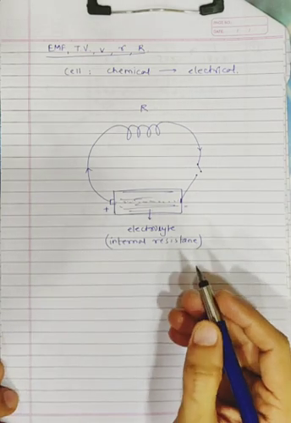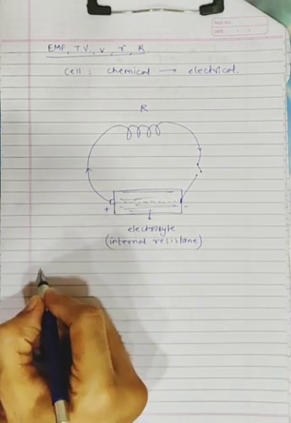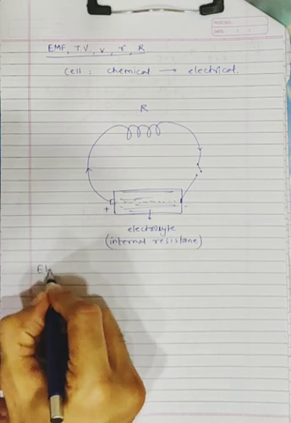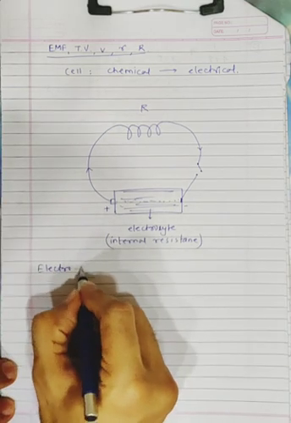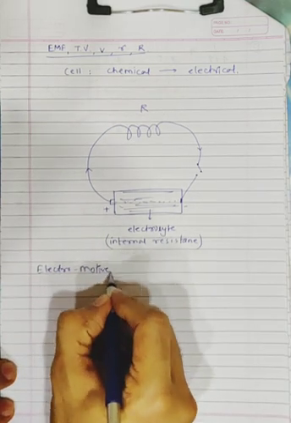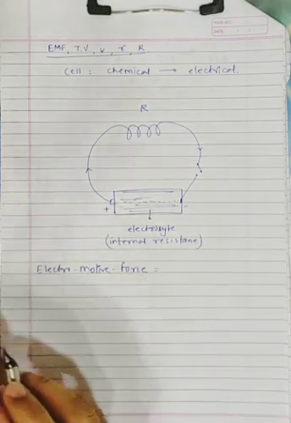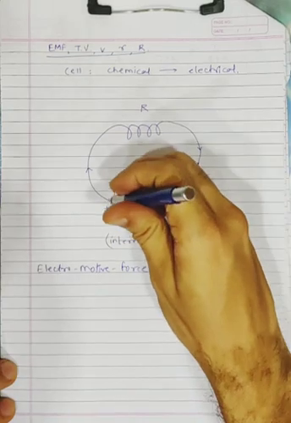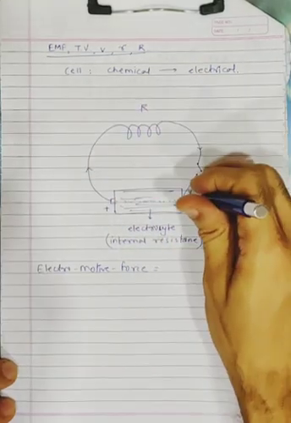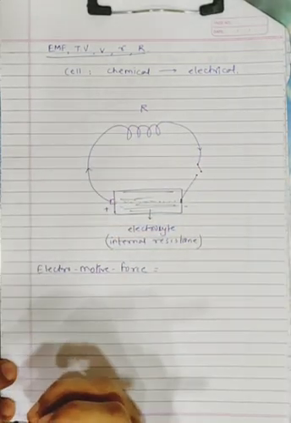Now I'll tell you what all these terms are. The first term is EMF, which means electromotive force. In simpler terms, it is the potential difference required to overcome the external resistance as well as the internal resistance.